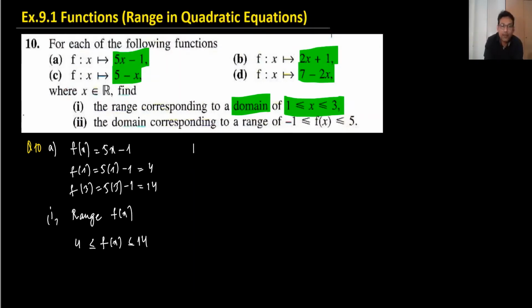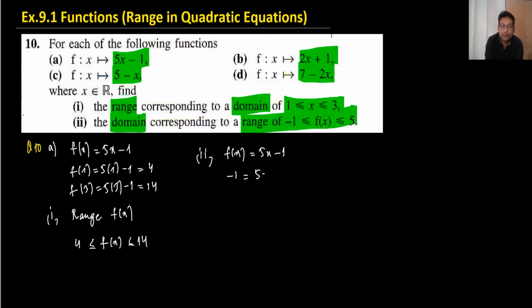In the second part, we need to find the domain now, and the range is given here. So what we have to do in the given equation is put f of x equal to minus 1, so 5x is equal to 0 and x is coming 0.